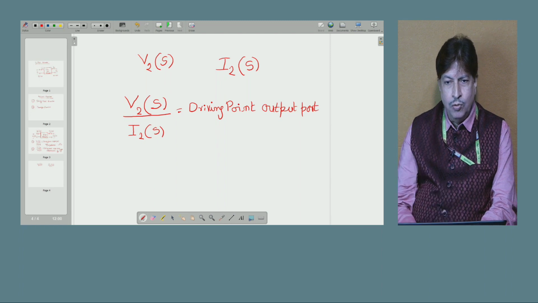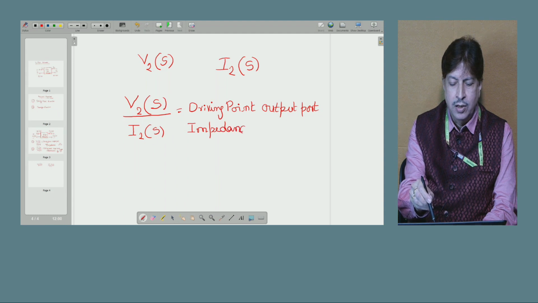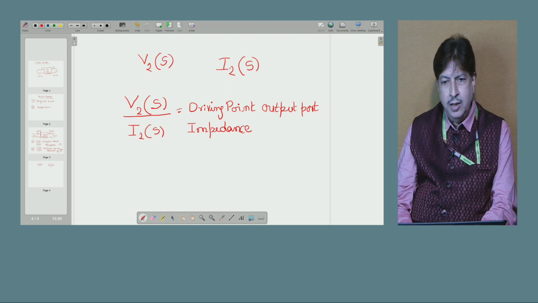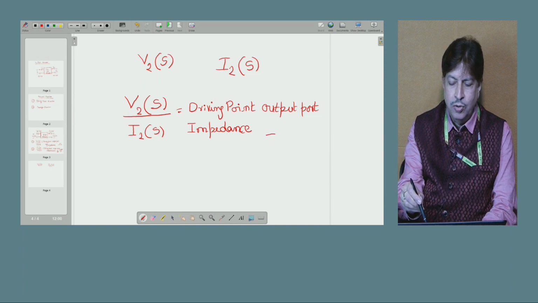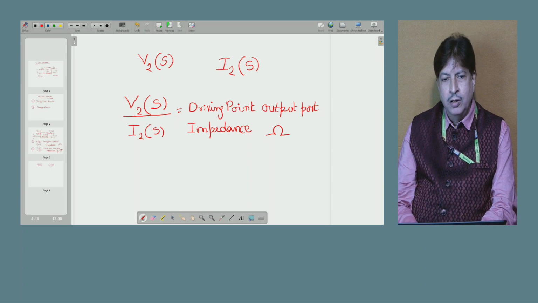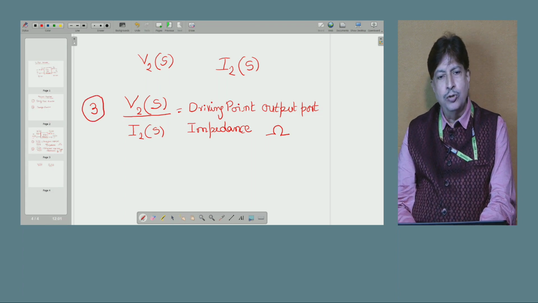Driving point output port, ratio of voltage to current is known as impedance. Hence, it is driving point output port impedance. What is the unit of this function? The unit of impedance is ohms. So this is the third driving point function we can have for any two-port network.